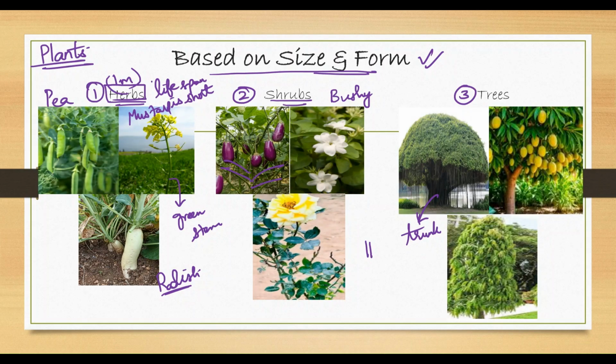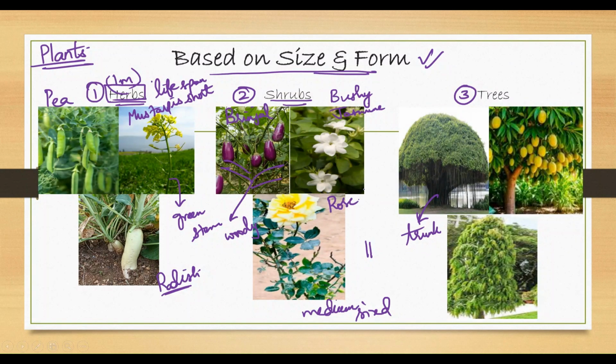The stem is also woody. It's not a green stem; the green stem later changes into a woody stem. And the height of shrubs is usually medium. Examples include brinjal, jasmine, rose. They are all shrubs.